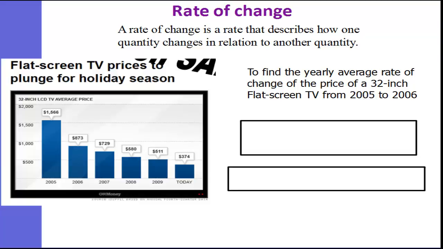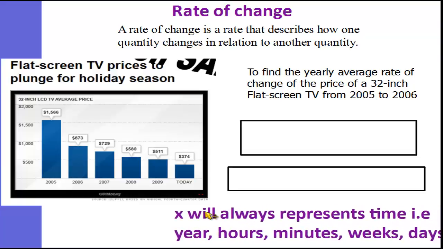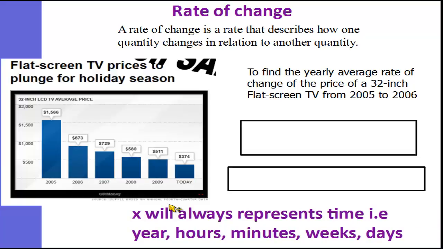Now, one thing that we have to remember here is that when we solve for slopes, because basically rate of change is just solving for the slope, your x should always represent time like year, hours, minutes, weeks, or days.